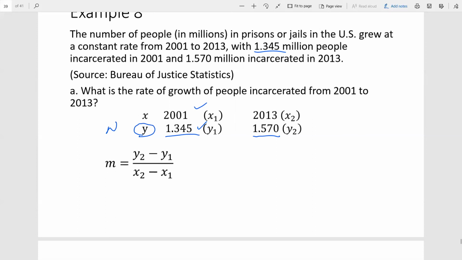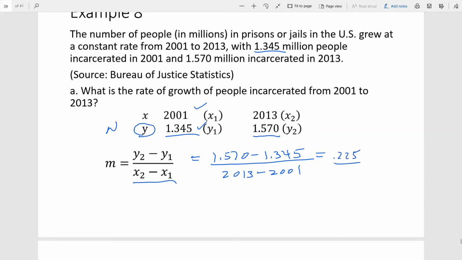So now we want to calculate the slope of this line. So m is equal to y2 minus y1 over x2 minus x1, which is 1.570 minus 1.345 divided by 2013 minus 2001, which is equal to 0.225 divided by 12.